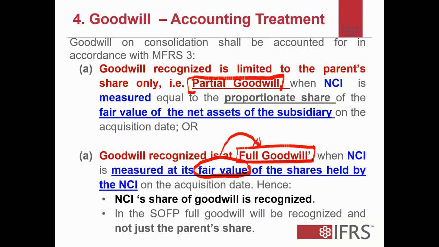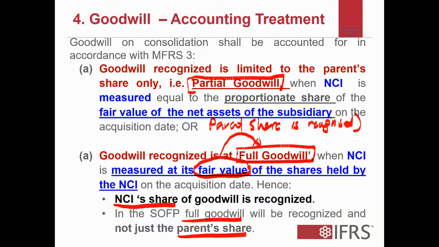And if you look at the second method, the share of goodwill that you recognize is full goodwill, which means that not just the parent share of goodwill is being recognized, but also the NCI share of goodwill is being recognized. In the first method, only the parent share is recognized. Non-controlling interest share is not recognized.